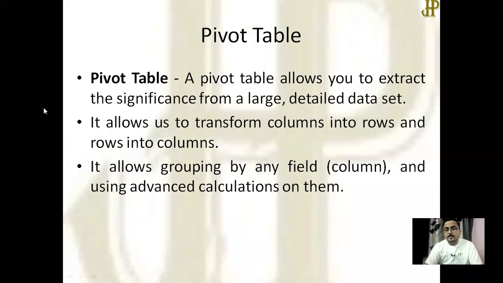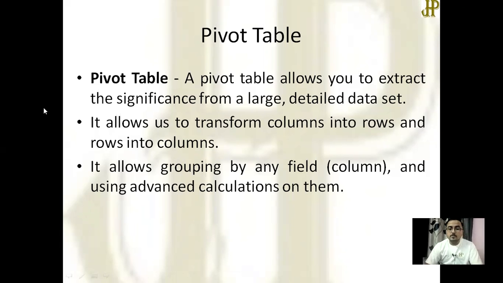And at last, a small topic known as pivot table. So what is a pivot table? A pivot table allows you to extract the significance from a large detailed data set. It allows us to transform columns into rows and rows into columns, if you want to transform your data from record to column or column to record.